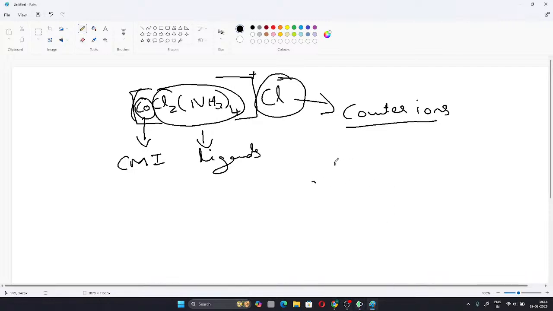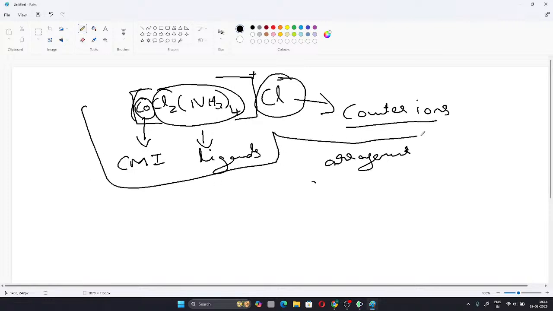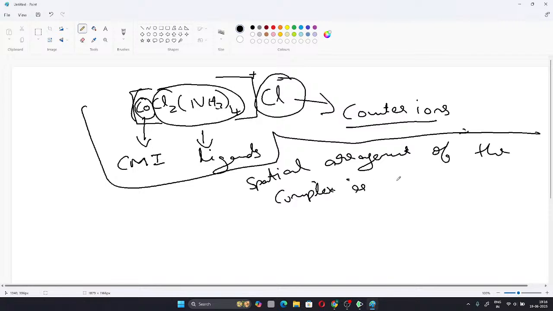And the spatial arrangement of the complex is called coordination polyhedra.